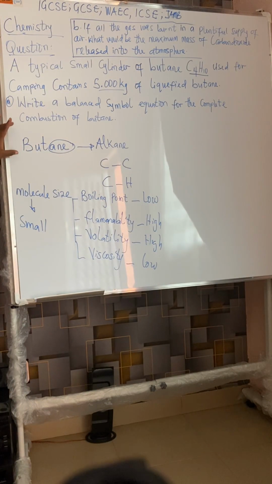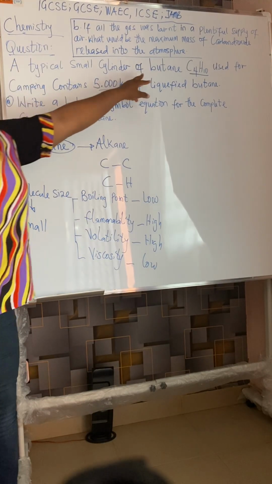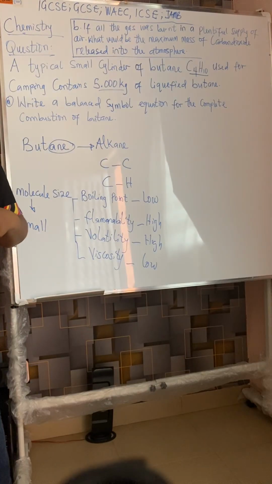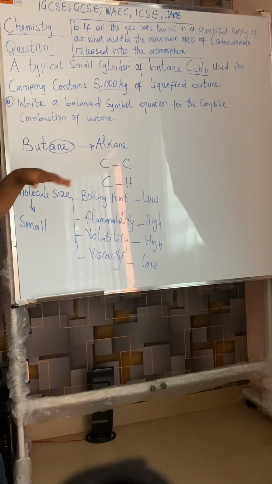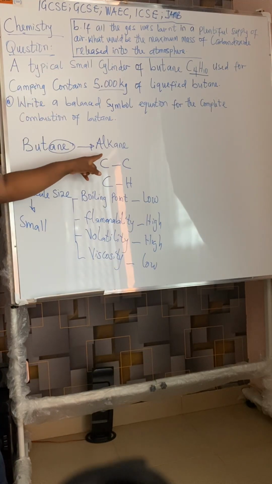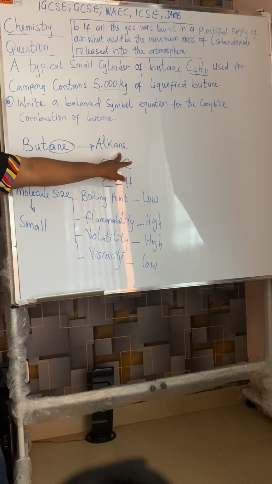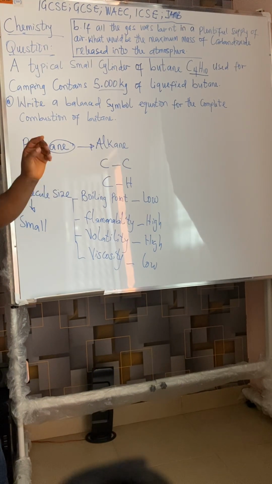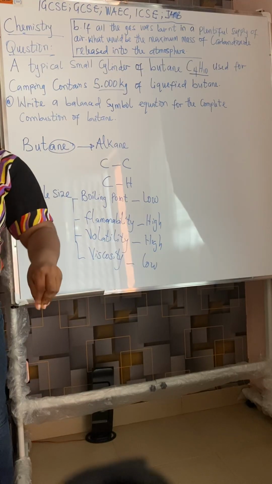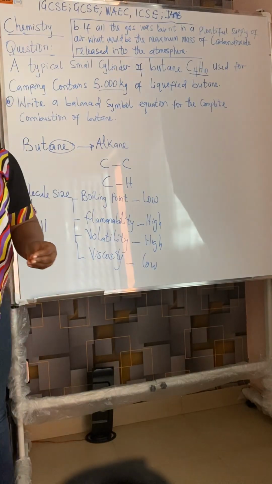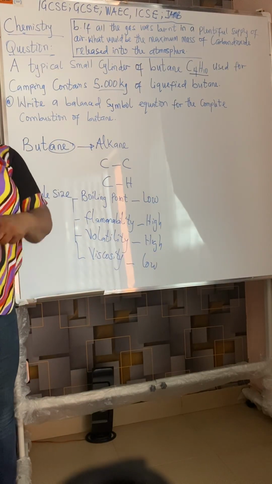So this butane from this question, we already know that this is what we have in the cylinder. Because it is butane, you should just know, before you answer this question, that this thing is an alkane. And if it is an alkane, ending with the ANE, then you should know that this alkane is a saturated hydrocarbon. What do I mean by saturated hydrocarbon?